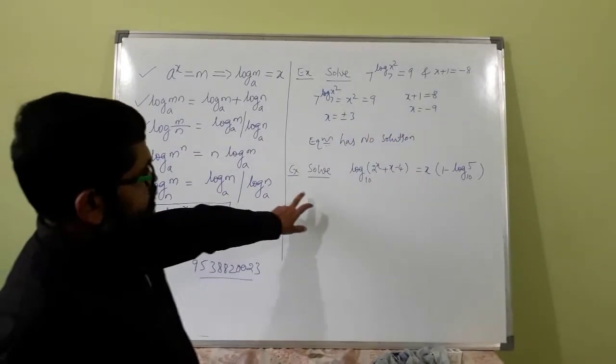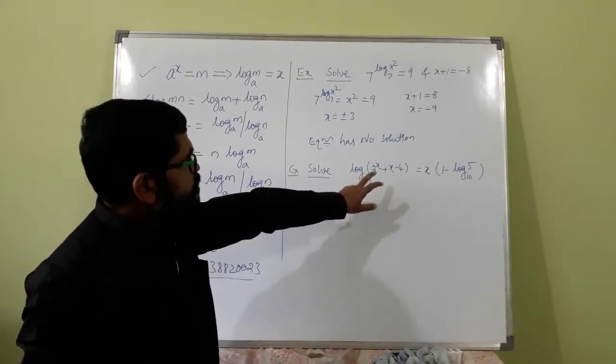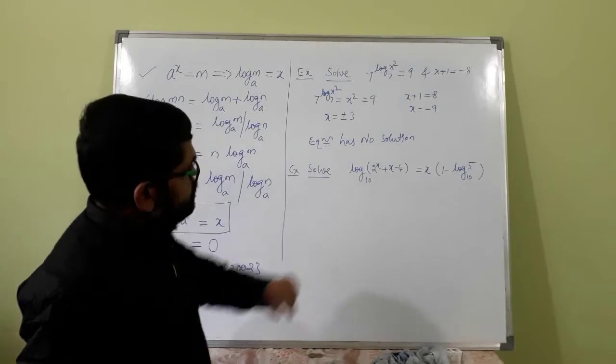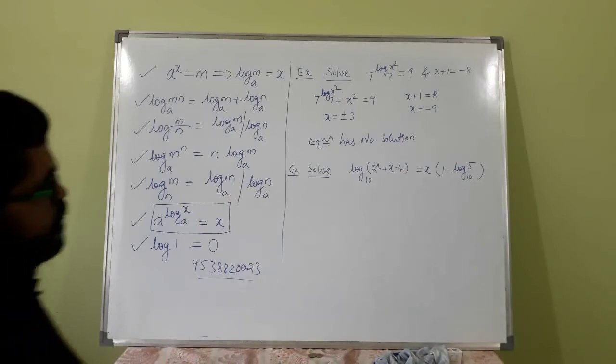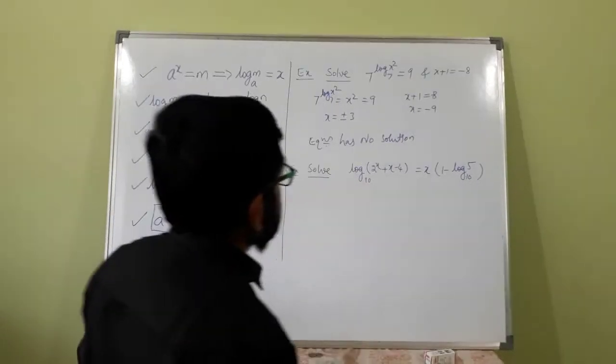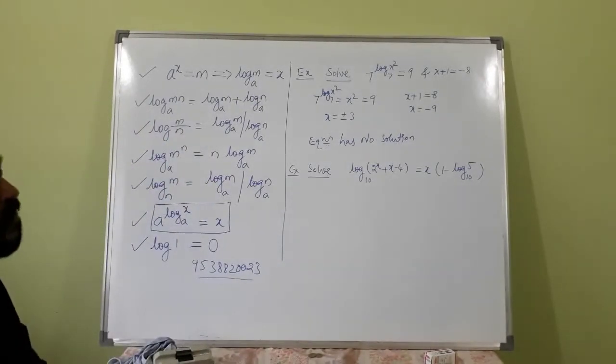Again solve for x. Log of 2 to the power x plus x minus 4 is equal to x times that much. Here you have to make one small rearrangement. How to solve this? Can you try, anybody?